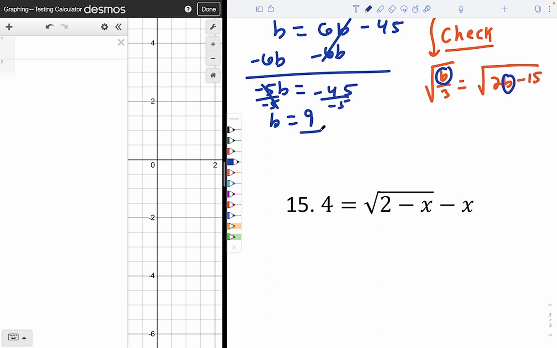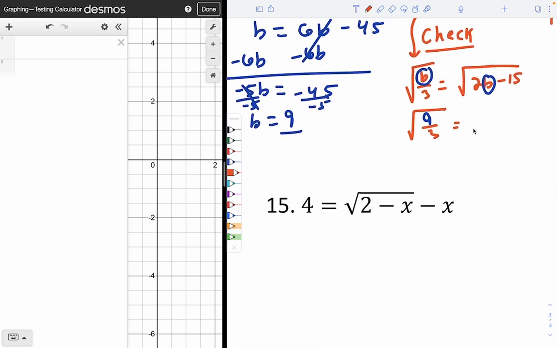So I'm going to replace the b with 9 and see what happens. The left-hand side is square root 9 over 3, equals, the right side is square root 2 times 9 minus 15.